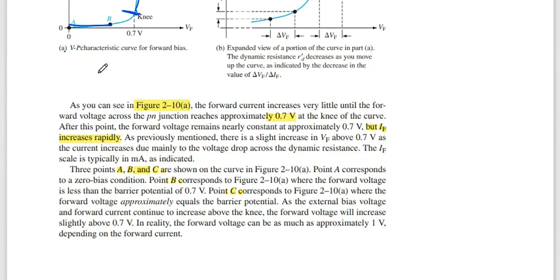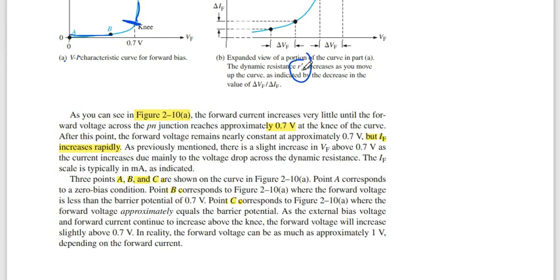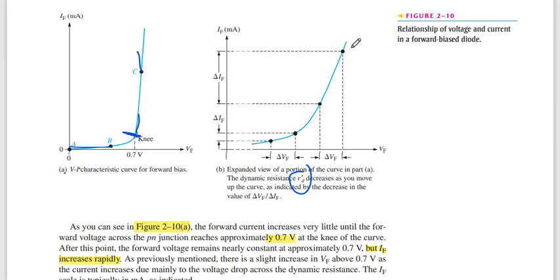One more point is the dynamic resistance, small r prime d. This is the dynamic resistance. What is this? The dynamic resistance is smaller as more current flows through the circuit, and higher at smaller values. Why is there dynamic resistance here?